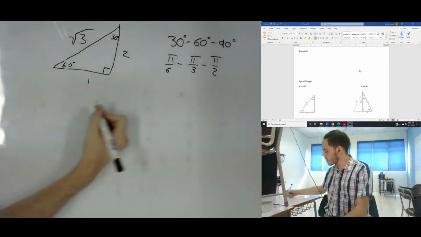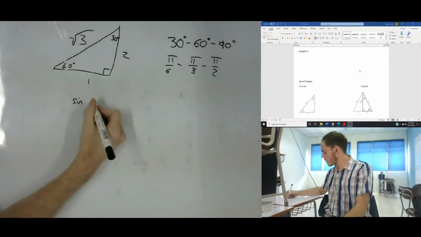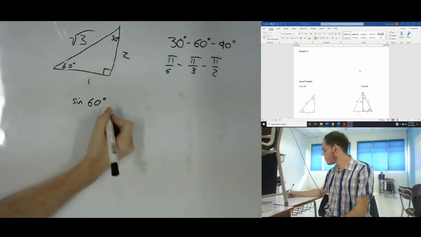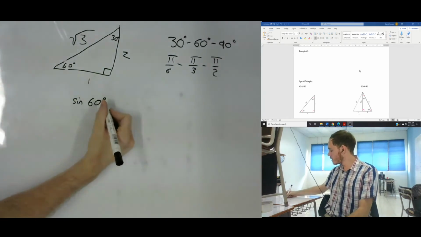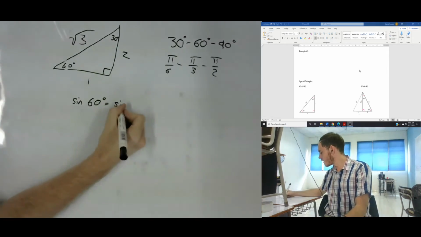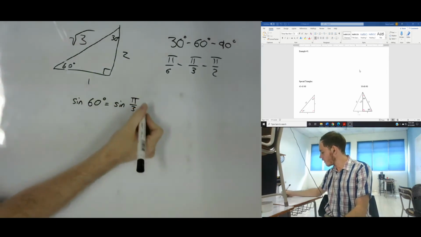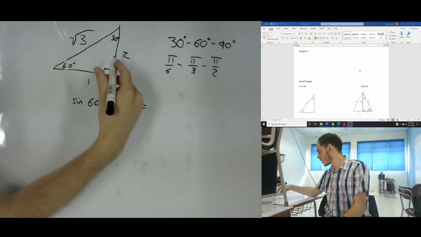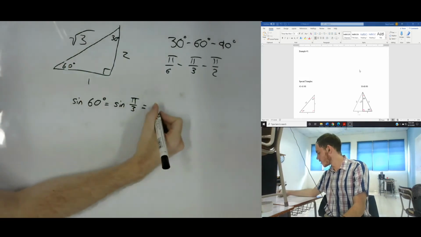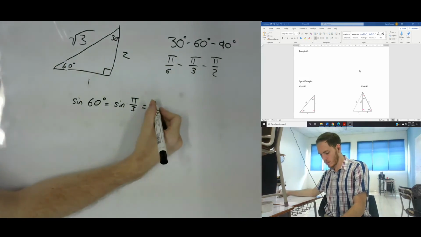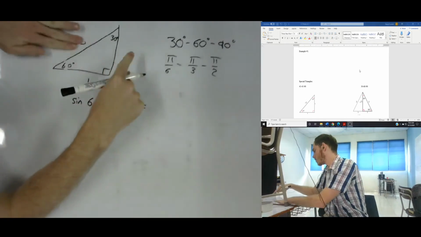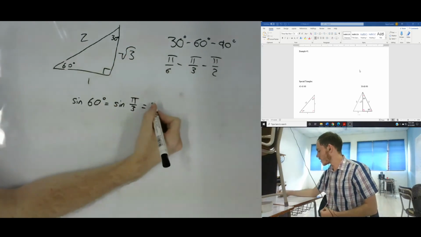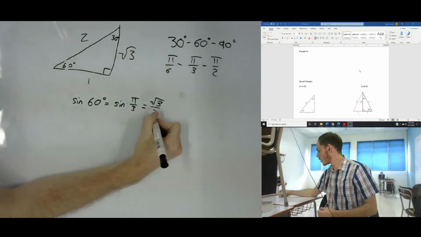Okay, so sine of 60 degrees is going to equal sine of pi over 3, which is 2 over root 3. Oh, sorry, that doesn't make sense. This makes a lot more sense. This is 2, this is root 3. Okay, this is root 3 over 2.